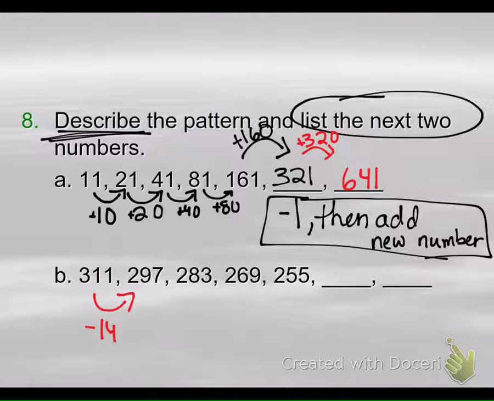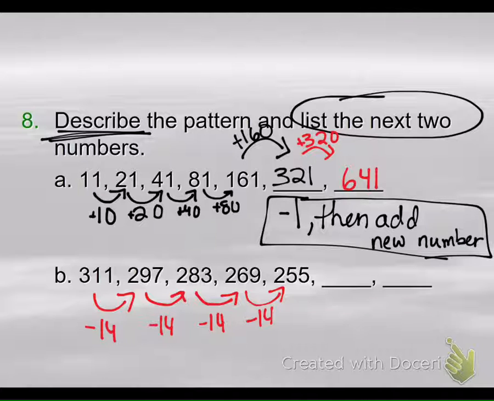What is 297 minus 14? 283. Okay, what is 283 minus 14? 269. Yes. If you subtract 14 again, do you get 255?